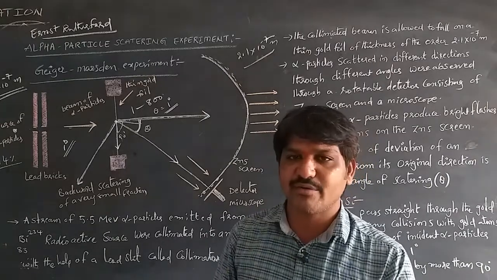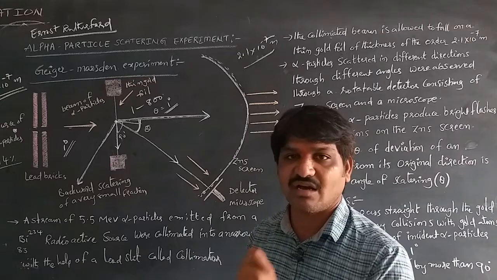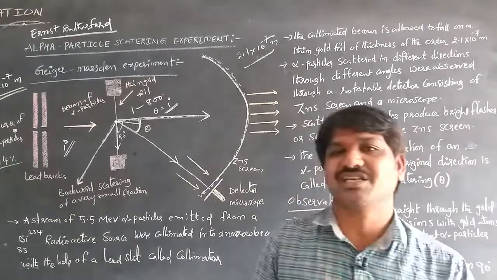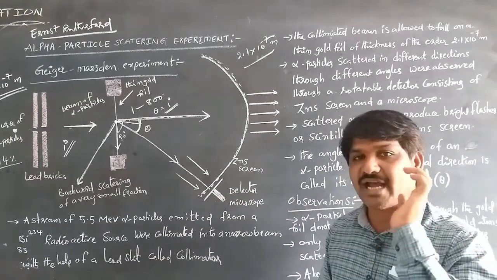The angle made by the scattered alpha particles with the original direction of the alpha particles is called the angle of scattering.